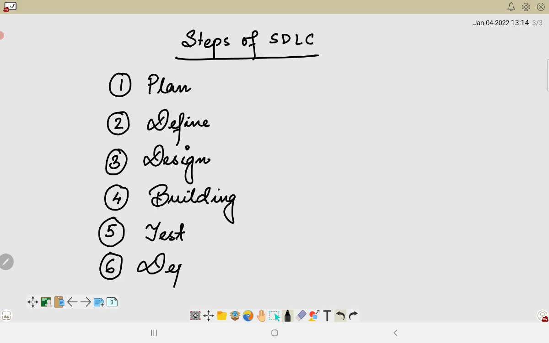Now all of these steps come with numerous methodologies or processes which run in the background. But as far as our course is concerned, we will not be focusing on the details of each of the steps, but we will have a basic understanding of each of the steps. So let us begin with the first step, that is planning.